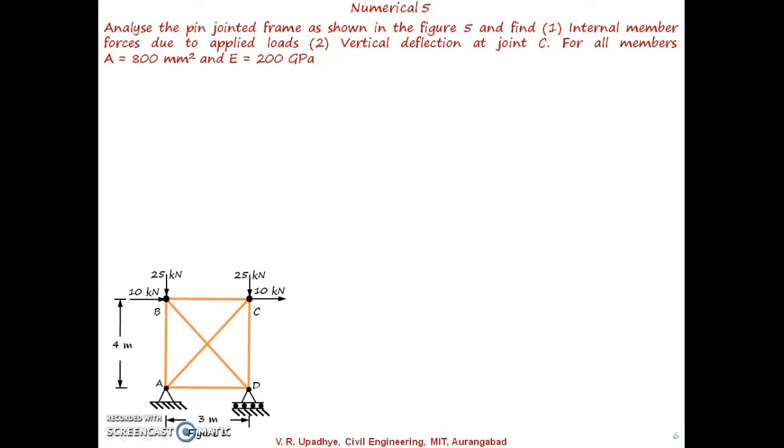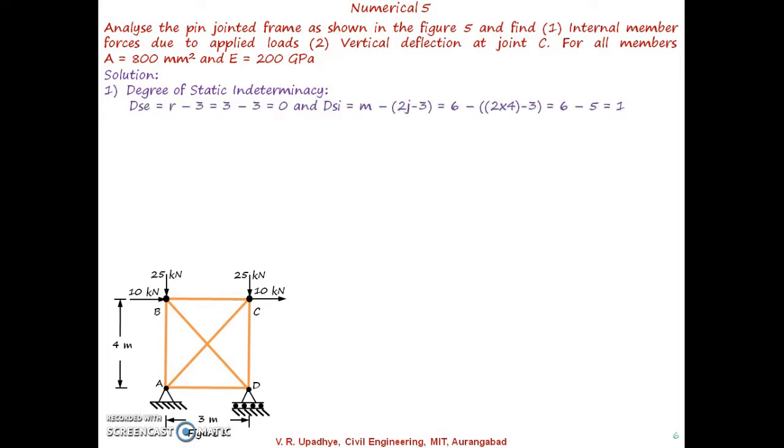So what we need initially to find is the degree of static indeterminacy of this particular structure. Degree of static indeterminacy has two parts, that is internal indeterminacy and external indeterminacy. So DSE, which is external indeterminacy, is related to reactions.